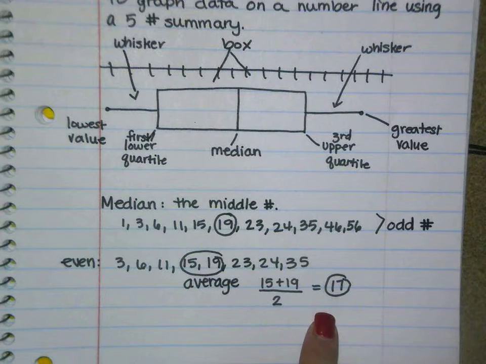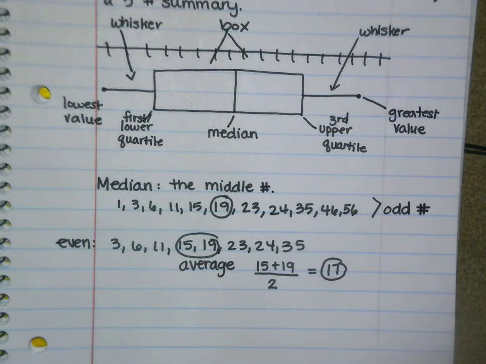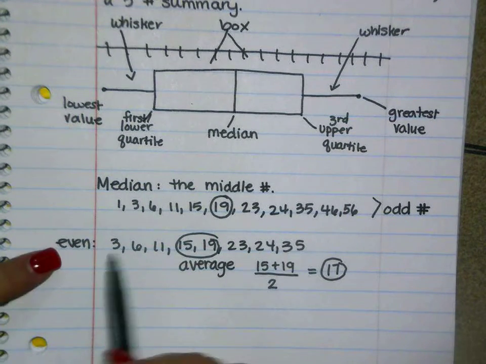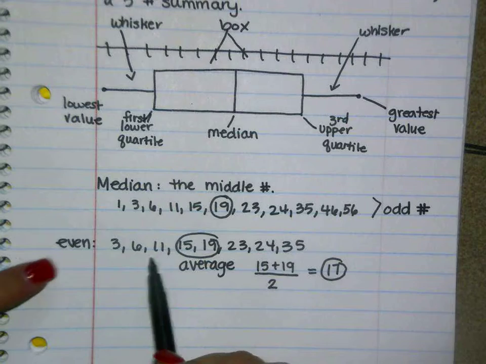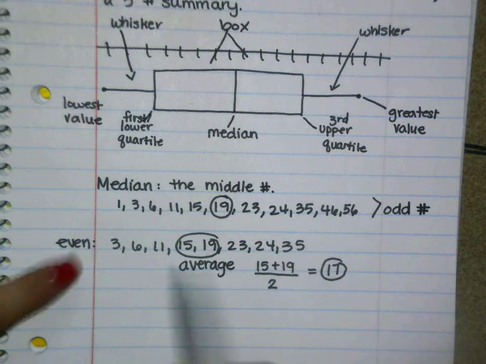Okay, so next we're going to have to look at a box and whisker plot. So let's go ahead and use this set of data that we just talked about, and we're going to draw that box and whisker plot. So let's put a nice number line here, and it looks like we're going to start with, say, 3.